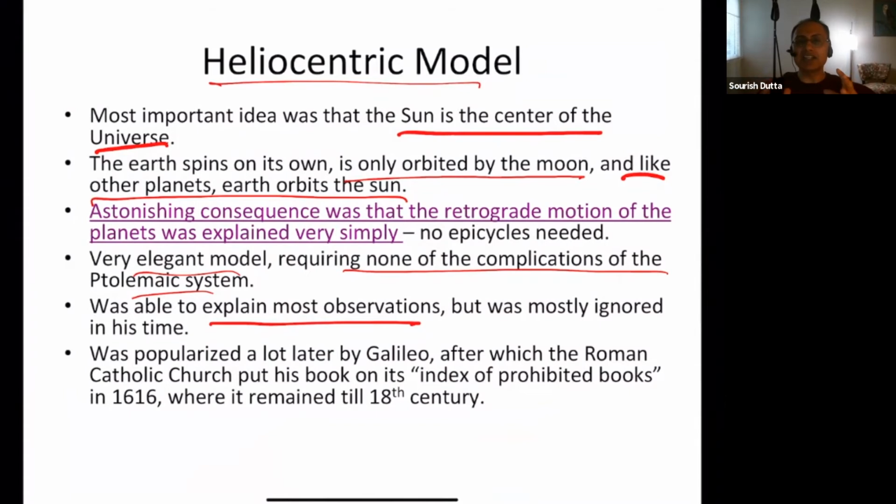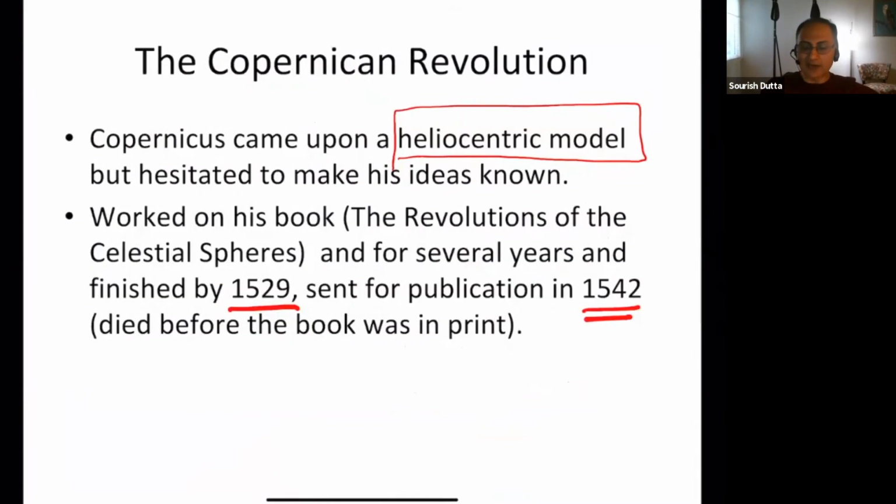They appreciated how simple this model is and how simply and intuitively it explains retrograde motion. But they realized that it's not more accurate than the existing model. So they thought that maybe it's just a curiosity. There's really nothing to it. It's just a curiosity.